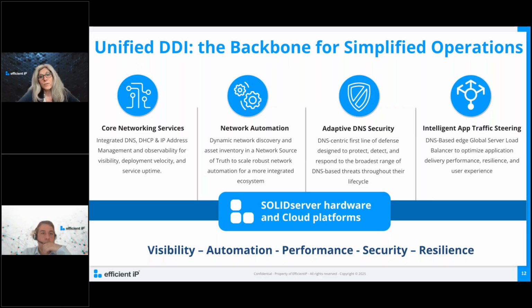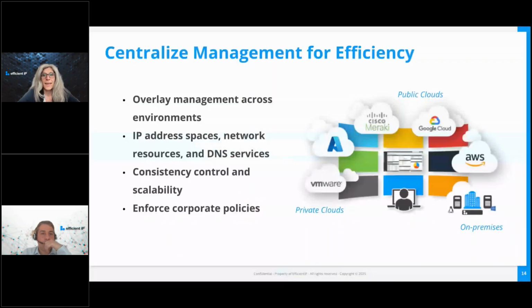And let's start with the first one, centralized management. EfficientIP's Unified DDI provides powerful overlay management across hybrid multi-cloud and on-premises environments. From a single pane of glass, IT teams gain full control over IP address spaces, network resources, and DNS services, streamlining DDI management even across multiple vendors, as we see from the slide.